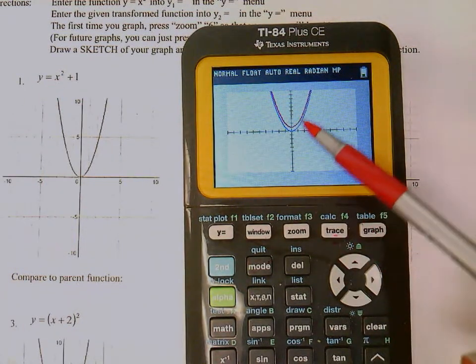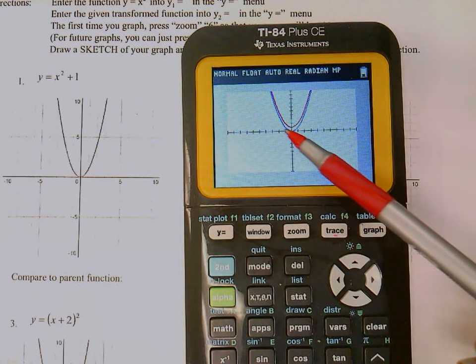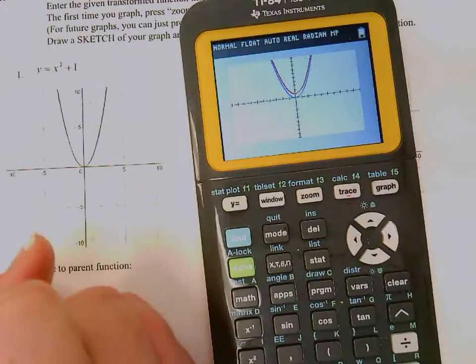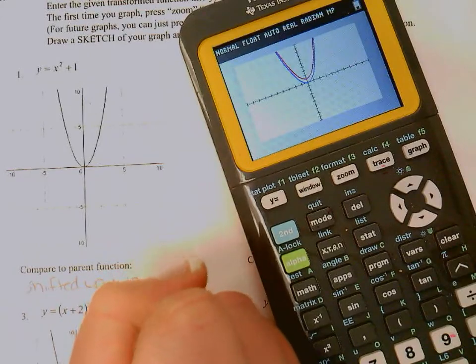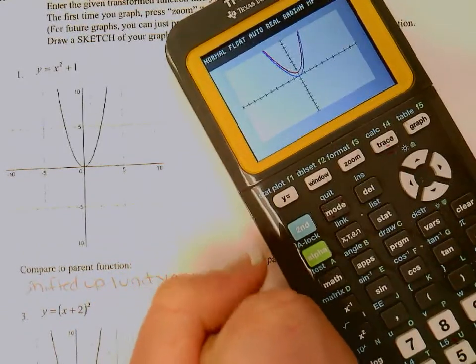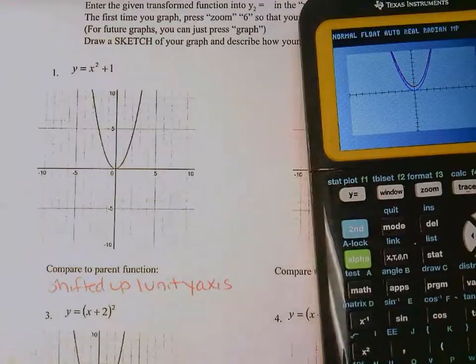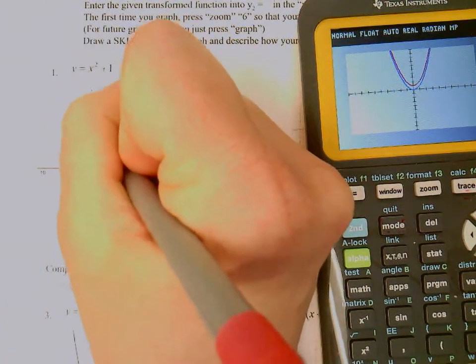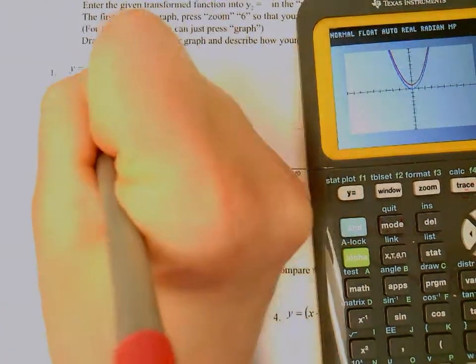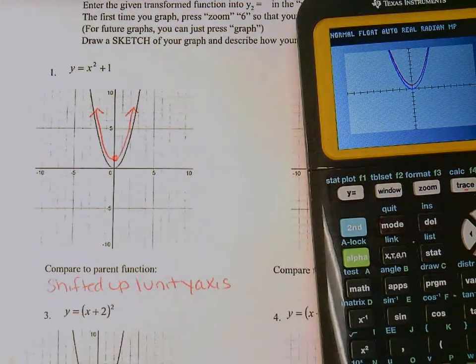Well, here's the red one. It's been shifted up 1 unit. So it's been shifted up 1 unit on the y-axis, right? And if I'm going to graph that, I can just start here and just kind of sketch the graph, right? The red graph is my transformed graph.